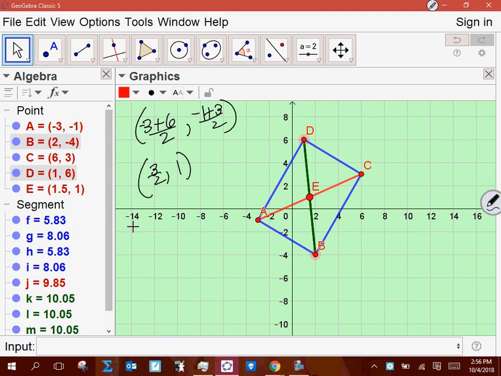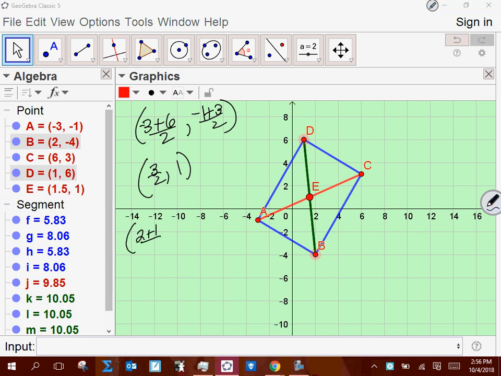Add the x's. 2 plus 1, divide by 2. Add the y's. -4 plus 6, divide by 2. When I do that, what's 2 plus 1 divided by 2? It's 3/2 again, right? -4 plus 6 divided by 2, 1, right? The midpoint of the red segment is the same as the midpoint of the green one, right? Okay? So, that's some math, right? That's some calculation stuff, geometry stuff.